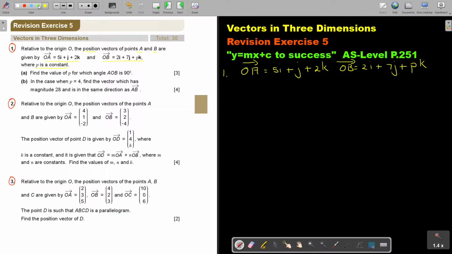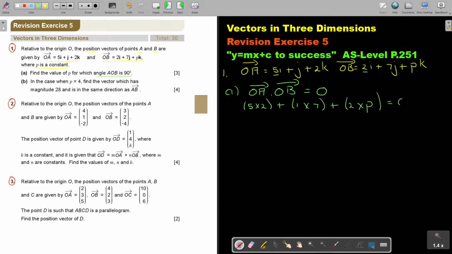Now number A. Find the value of p when the angle is 90. Now if the angle is 90, perpendicular, then I know that the scalar product of OA and OB will be equal to 0. Now let's just go from that. I multiply, can you still remember? So it's 5 times 2 plus 1 times 7 plus 2 times p, and that's equal to 0.